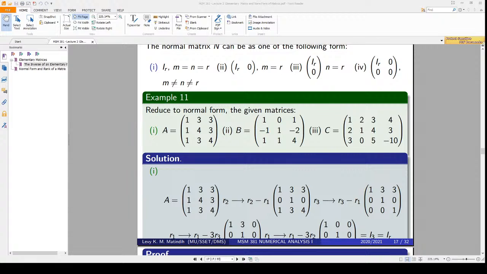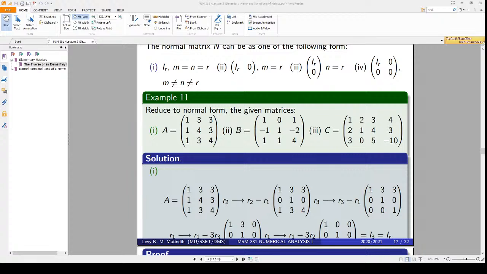Now, remember, to find the normal form of a given matrix, first you apply elementary row operations. You continue applying elementary row operations. If you see that you have exhausted the row operations, then you can start applying column operations.